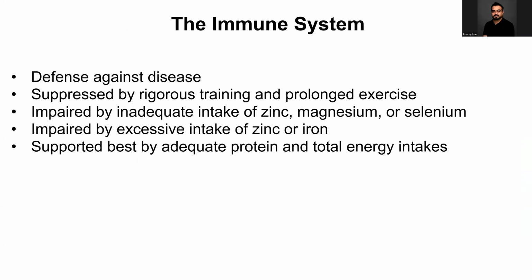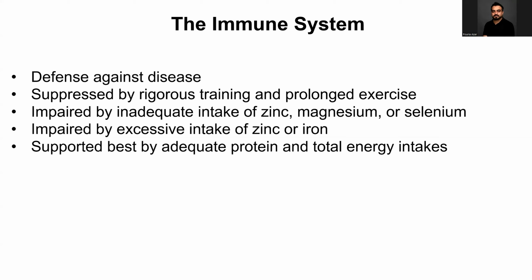Other minerals have roles in the immune system, for instance zinc, magnesium, and selenium help our immune system. And the immune system is also impaired by excessive intake of zinc or iron.